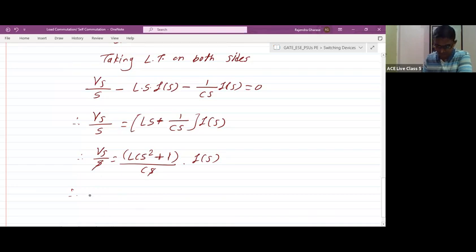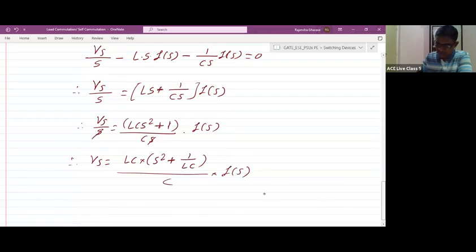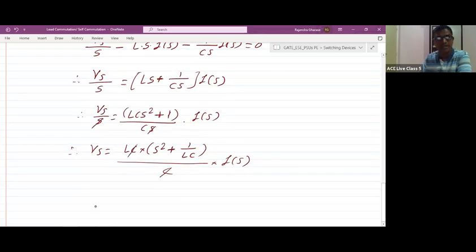Therefore S will get cancelled out. So VS is equal to, now can we make the coefficient of S square equal to 1? Yes, for that we need to take LC common. If we take LC common, it will be S square plus 1 by LC. Are you getting the point? I have taken LC common, so it is LC into this term divided by C into I of S. This C and this C get cancelled out.